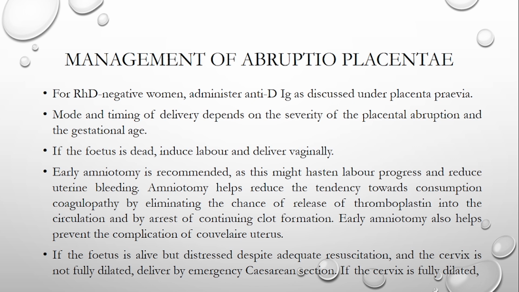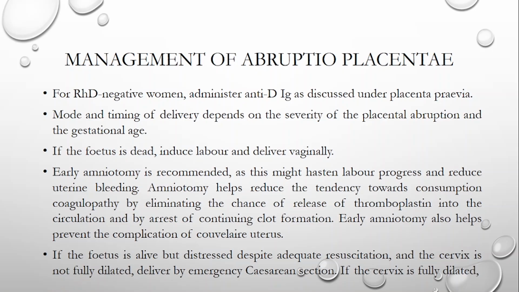Amniotomy helps to reduce the tendency towards consumption coagulopathy by eliminating the chance of release of thromboplastin into the circulation. Early amniotomy may also help prevent the complication of Couvelaire uterus.